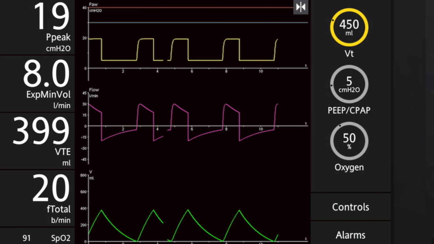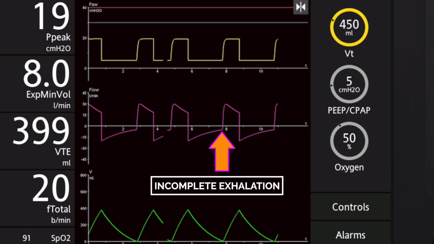Take a look at the flow waveform here. It does not return to zero before the ventilator delivers the next breath. You can see that 450 milliliters is going in, but only 399 milliliters exits the chest before the next breath is on its way in.